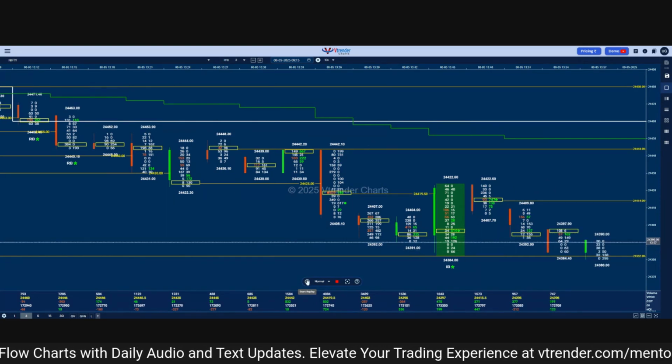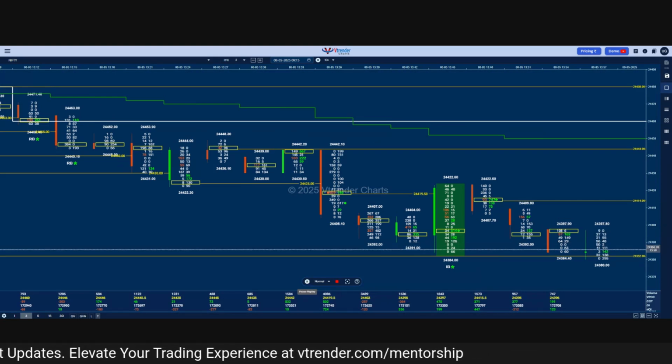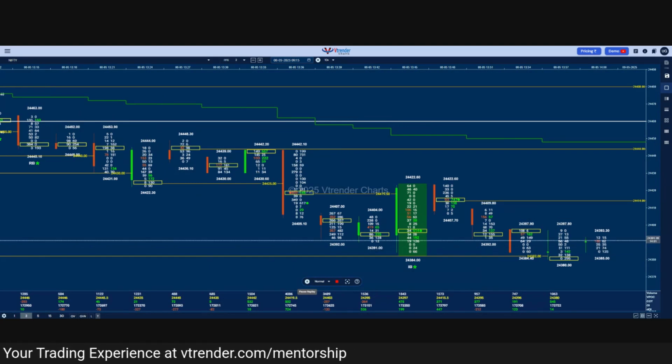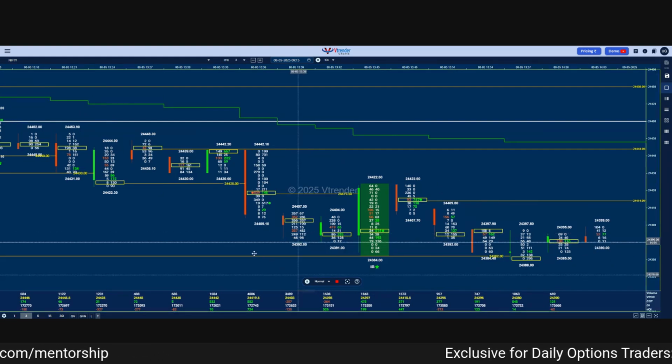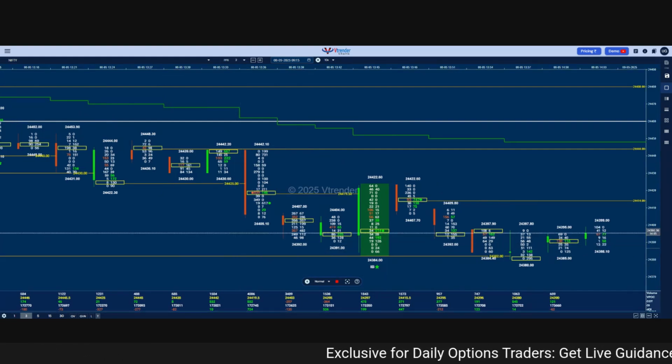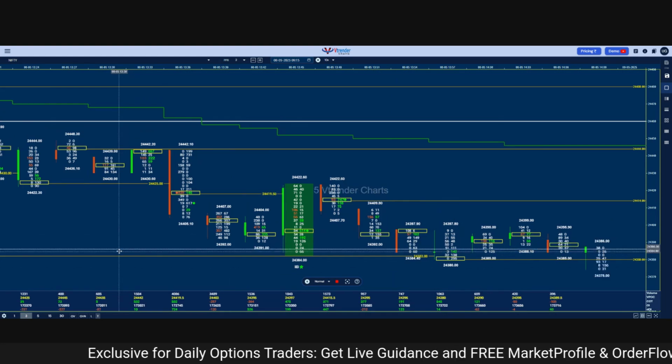And once we broke the rollover point, there was an attempt by the buyers to hold that rollover point. But once we broke that rollover point, just like how the 24424 became our reference, the rollover point would become our reference on the upside.